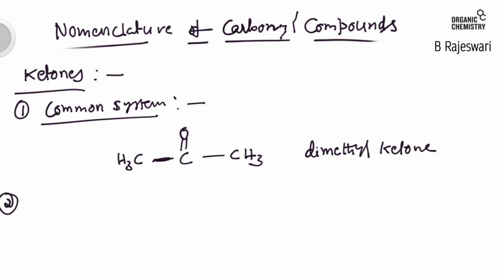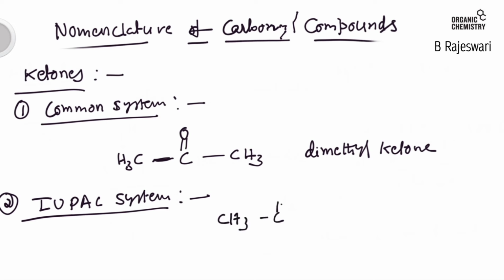Next, the second method is IUPAC system. In this system, the name of the ketone depends upon the name of the corresponding alkane. So, what is the name of this compound? For the IUPAC name of this compound, you have to write the corresponding alkane.